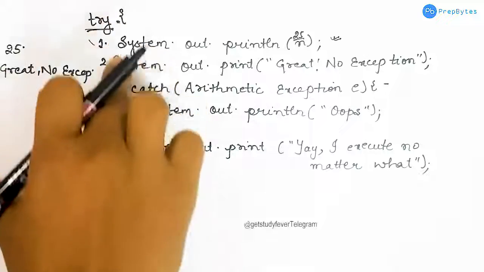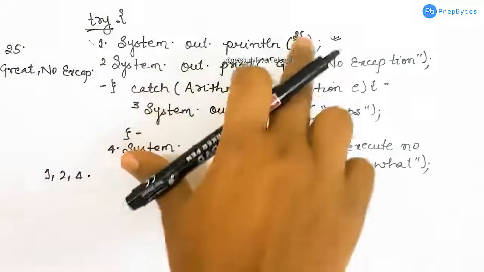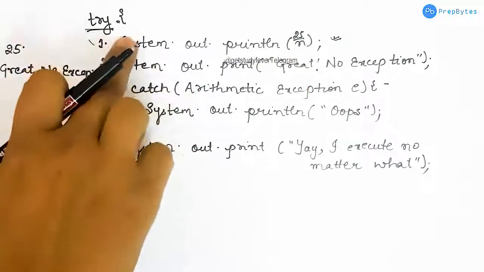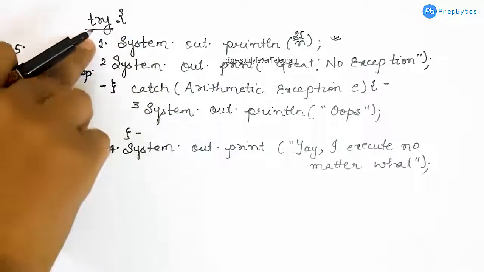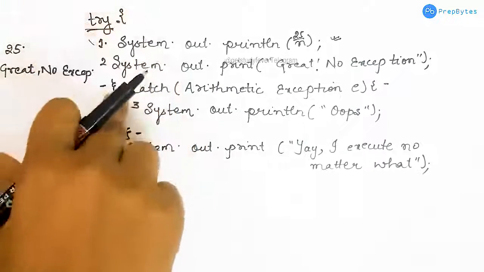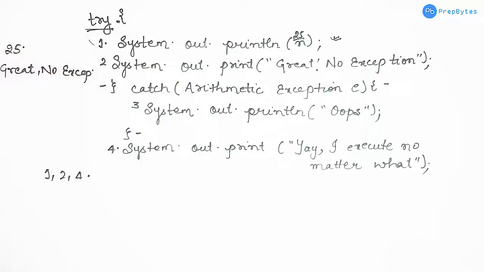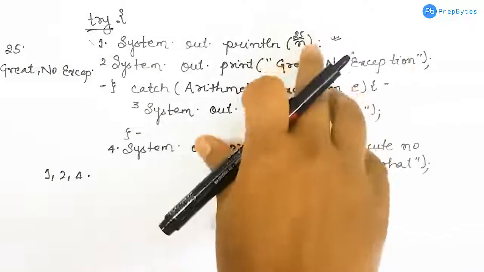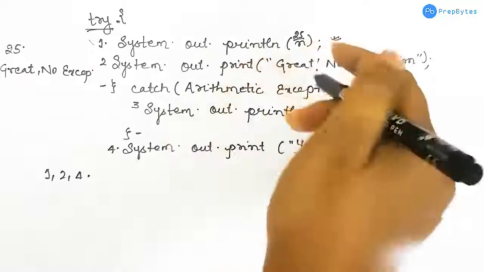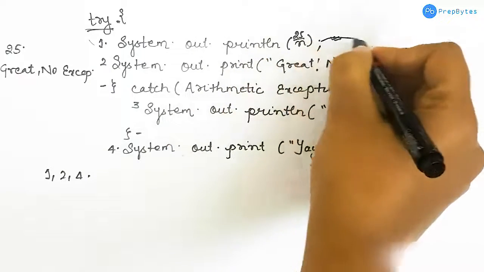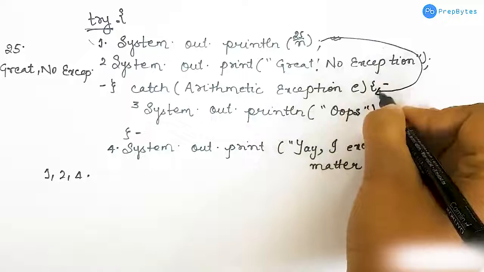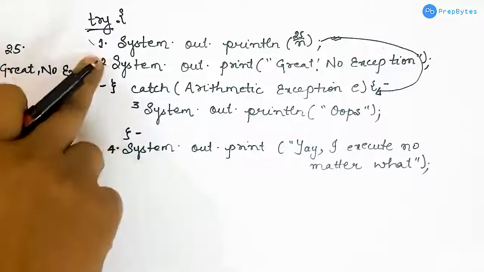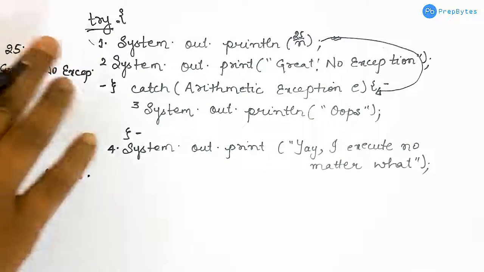So if there are 100 statements after statement number 1 inside this try block, then those statements won't get executed. As soon as the exception occurs, the exception is thrown and is caught by the catch block. So this statement number 2 won't get printed.